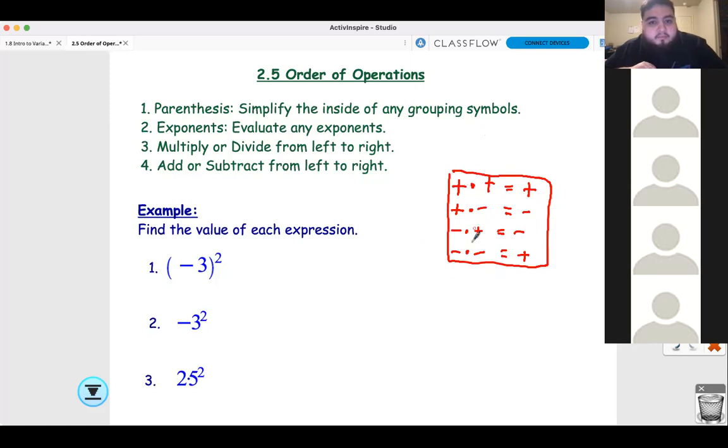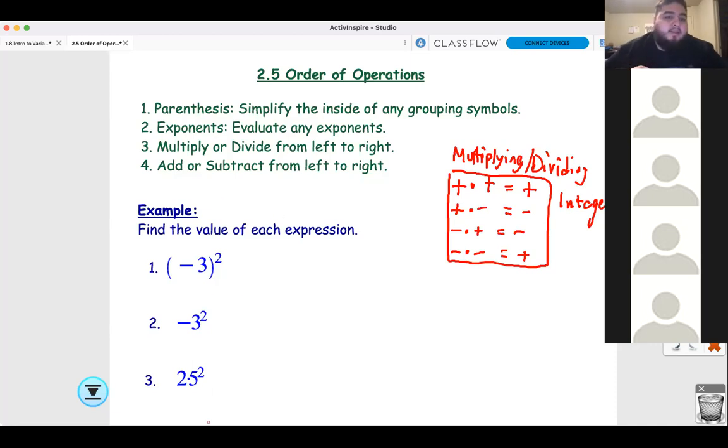Two negatives make a positive, yeah. This is for multiplying and dividing integers. An integer is a negative or positive whole number, no decimals.